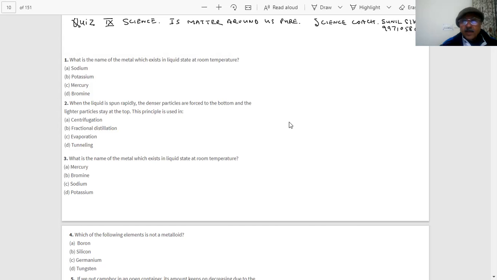A colloidal solution is a solution in which the size of the solute particles is intermediate between those in a true solution and a suspension. Examples are soap solution and starch solution. Okay. Thank you very much for answering that question, students.